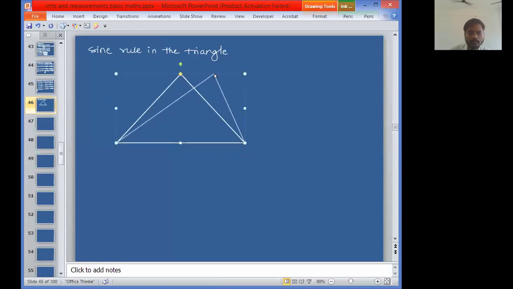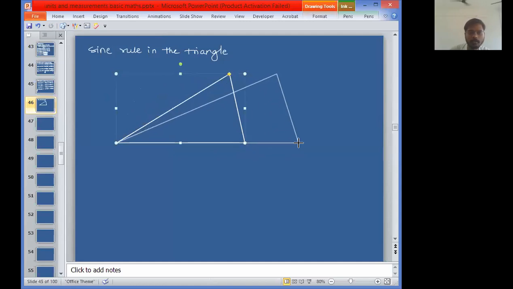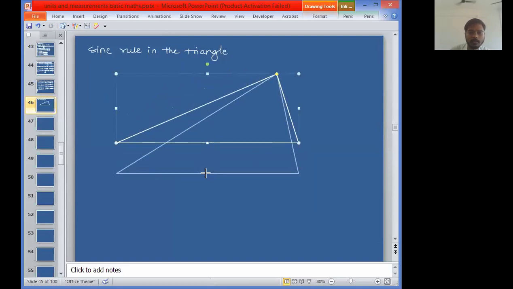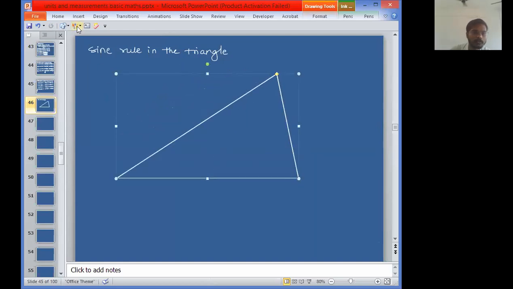Let's have any random triangle. It need not be a right angle; it can be any triangle that you want. Let us have this side as A, side length A, side length B, side length C.